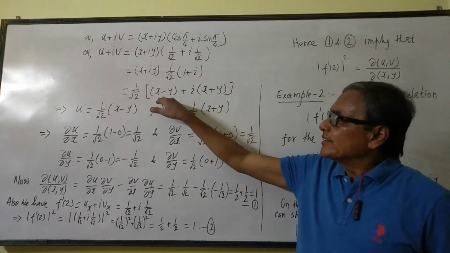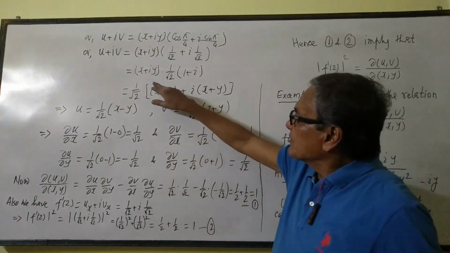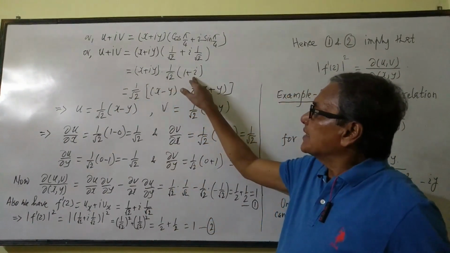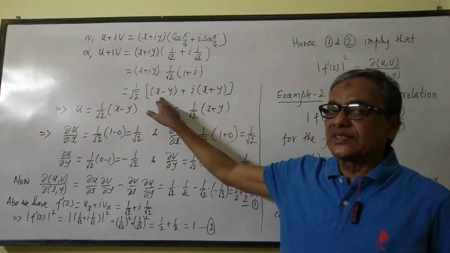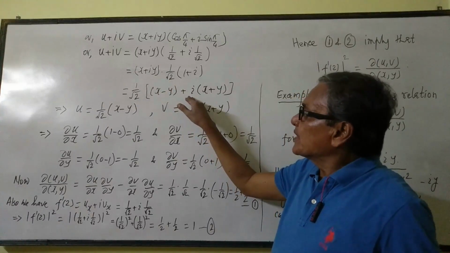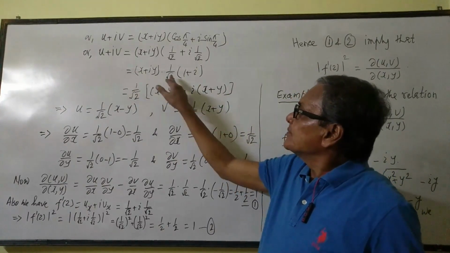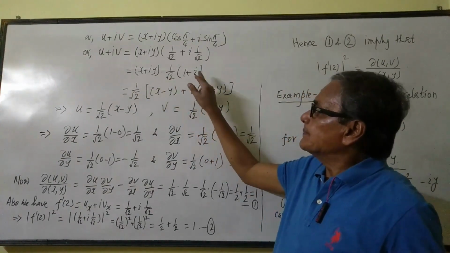Now express it in the form of real and imaginary parts. Its real part will be x plus i square y, this will give x minus y. And on taking i common, we shall get x plus y.